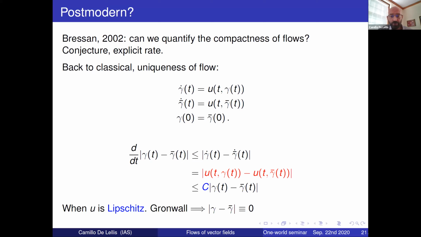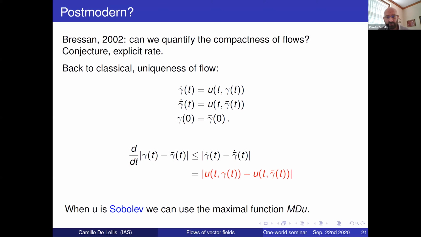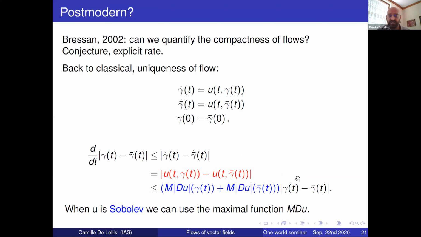Now, you don't have, of course, the Lipschitz regularity for Sobolev maps, but you can use the maximal function. It's a classical fact in harmonic analysis. You can use the Hardy-Littlewood maximal function of the derivative of u to replace the Lipschitz inequality by this inequality, right? So now in this inequality, you don't have a constant anymore.